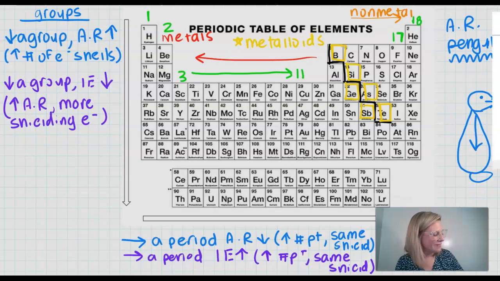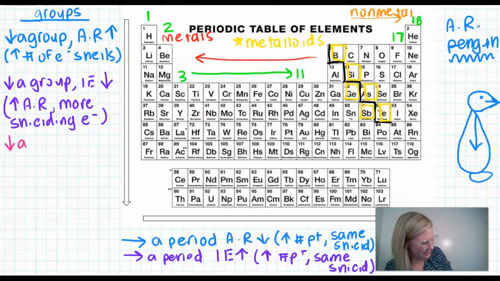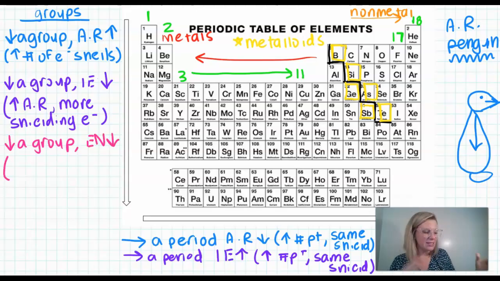And now let's talk about our second to last trend, not our last because there's metallic character, which is electronegativity. So as you go down a group, the electronegativity is going to decrease. Again, same explanation.